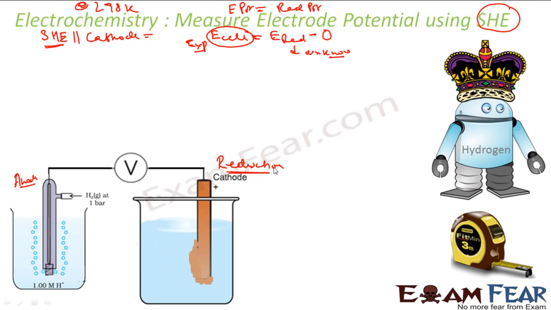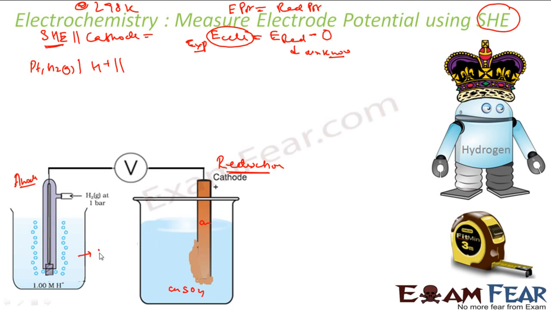Correct. So let's find this for copper. This is my copper, and I'll dip it in copper sulfate solution. So the reaction of the cell is like this. Here I have oxidation happening, right? That is my platinum coated hydrogen gas getting converted into H plus, and then a double slash.